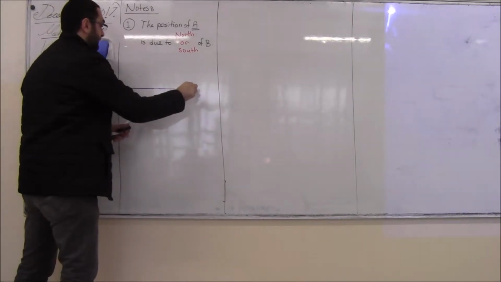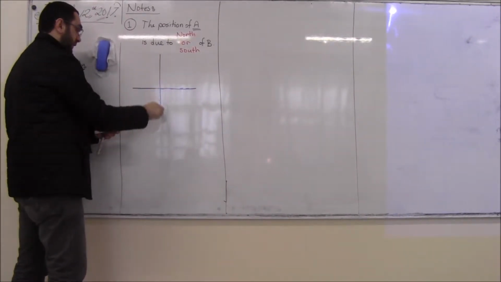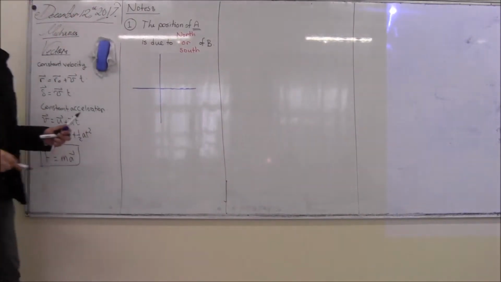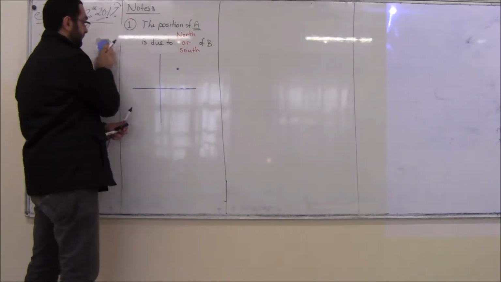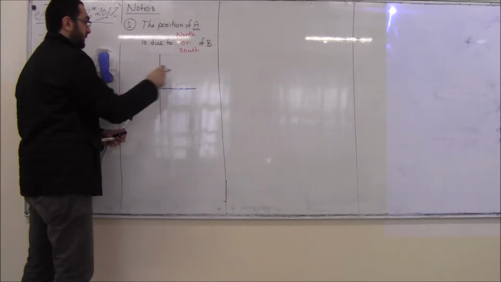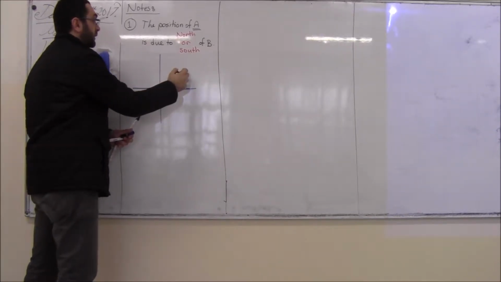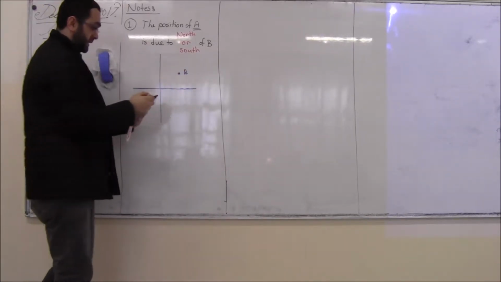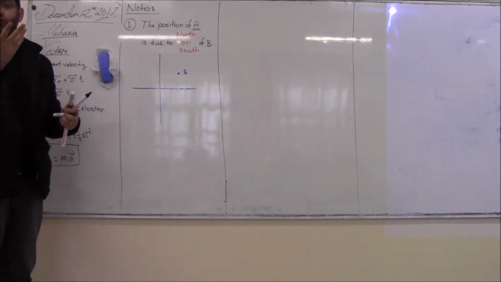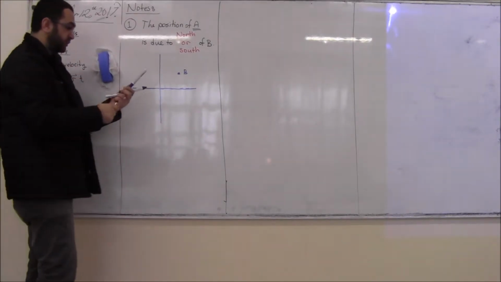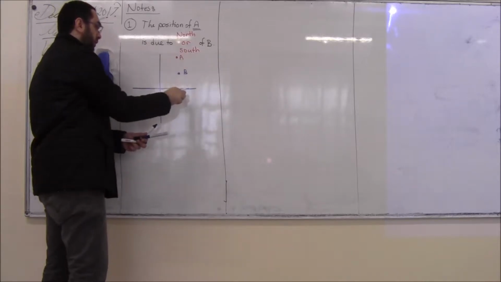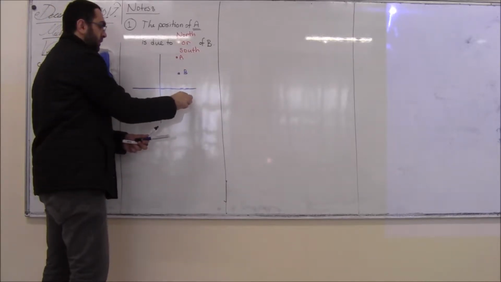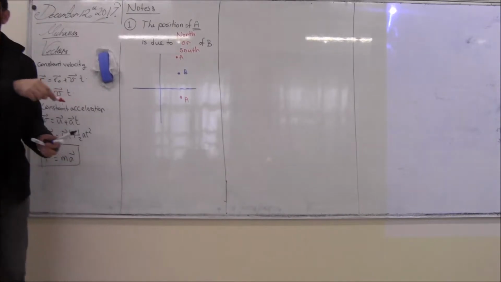This is the X-axis, this is the Y-axis. Let's say this is A, and this is B. If A is due north of B, the position of A is either here or here, somewhere. Right? Clear?